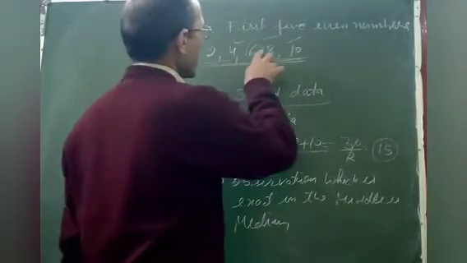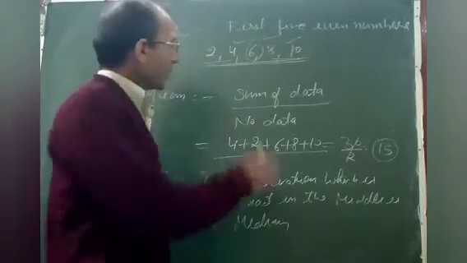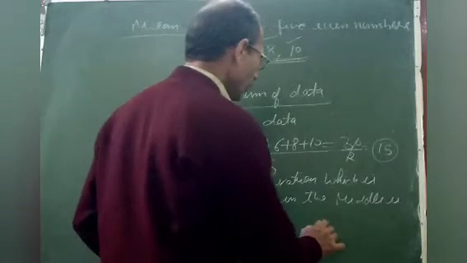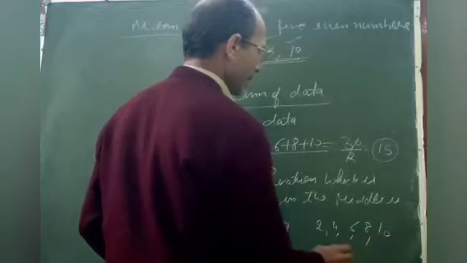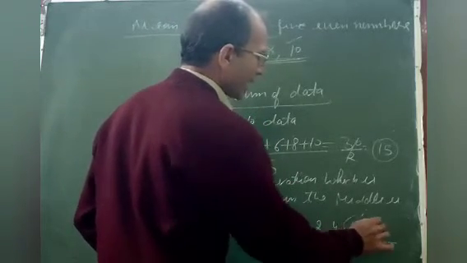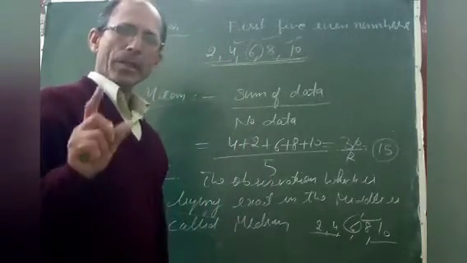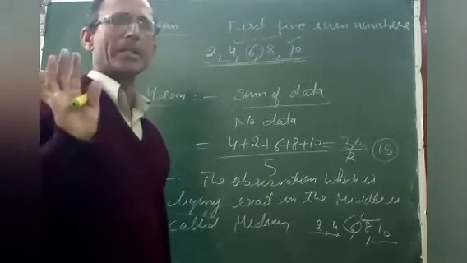So 2, 4, 6, 8 and 10 are the observations, already written in ascending order. Exactly in the middle is 6. Listen again. First of all, arrange the data in ascending or descending order, as you like.